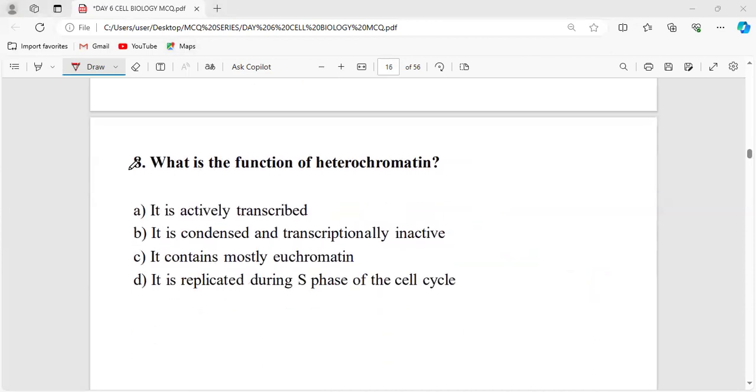Now, what is the function of heterochromatin? We know that heterochromatin is the most condensed form and euchromatin is the loosened form. And what is their function? Why does it have to be exhibited in a condensed form and a loosened form?